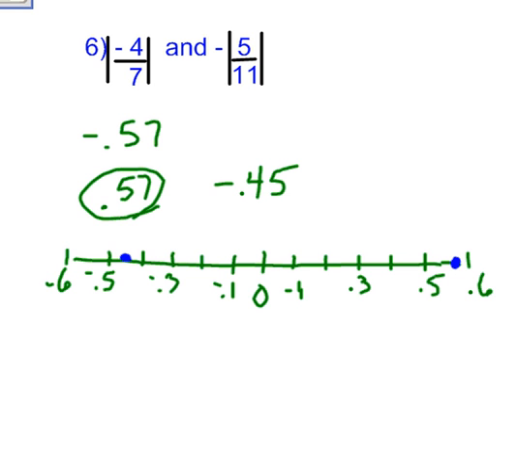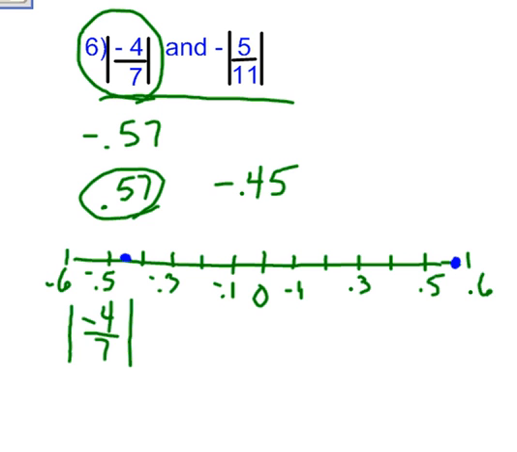Now we have to write two inequalities. To write our inequalities, we don't want to use the decimals. We want to use the original ones. Which one is the largest? It's the one furthest on the right, so it would be this one. So we would write the absolute value of negative 4 over 7 is greater than the negative absolute value of 5 over 11.